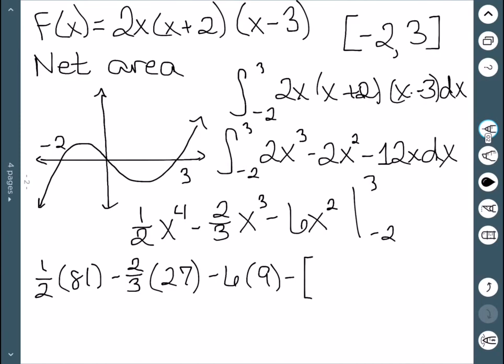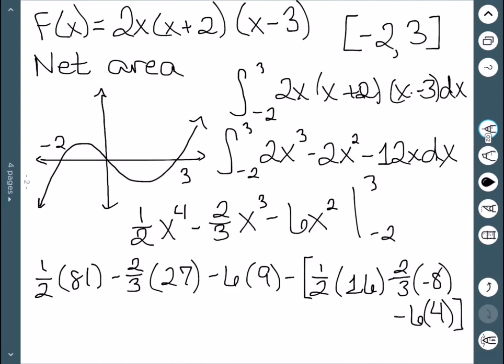Then we're going to subtract 1/2 times negative 2 to the 4th, which is positive 16, minus 2/3 times negative 2 cubed, which is negative 8, and then minus 6 times negative 2 squared, which is 4. And once you work all of this out, you get negative 125 over 6. And this is our net area.